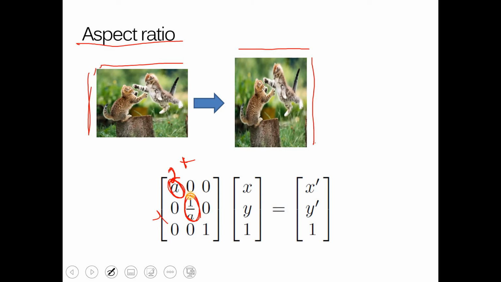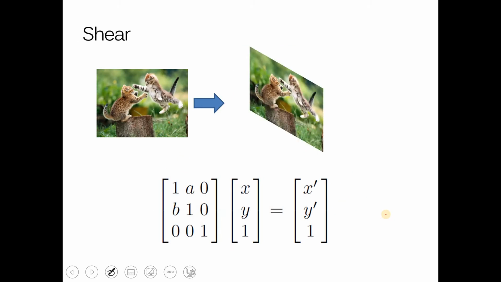If it was 2 over there, here it will be half for the y-axis. This is how you can disturb the aspect ratio. So here the new position x prime will be equal to 2 times x, whereas the new position y prime will be equal to y over 2. Okay.